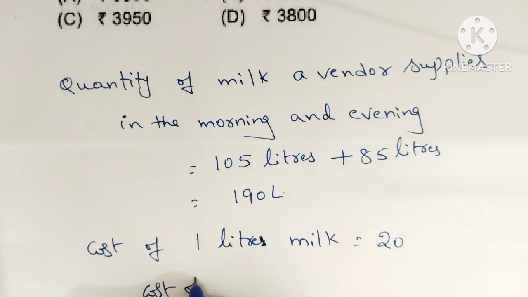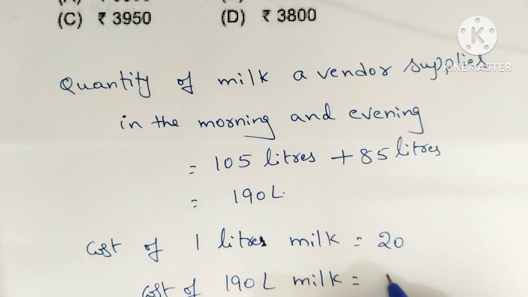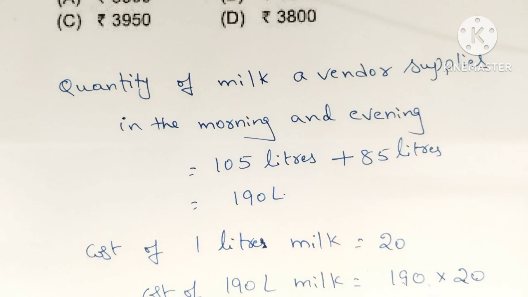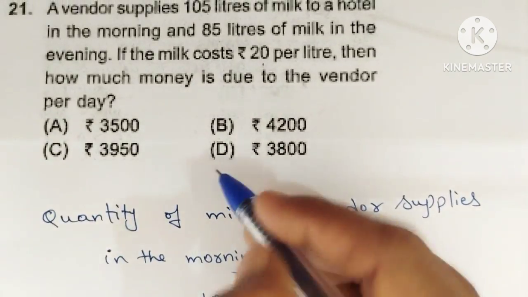So the cost of 190 liters of milk equals 190 into 20, which is 0, 2 19s are 38. So the cost of 190 liters of milk is 3,800 rupees. So option D is the correct one.